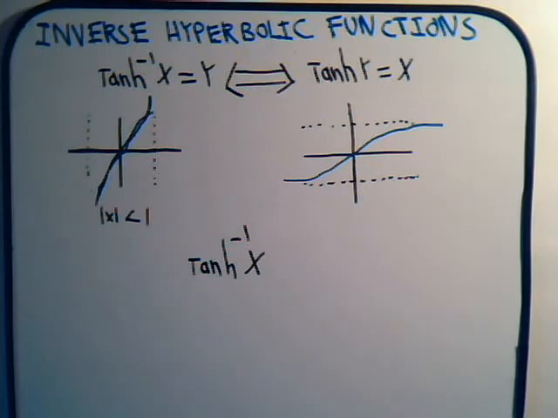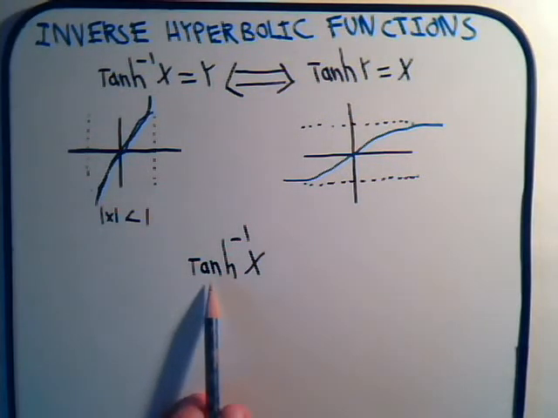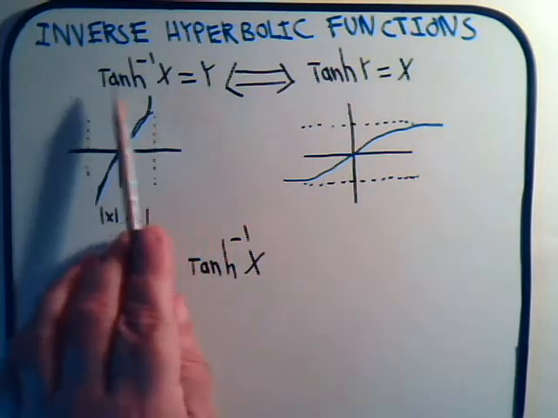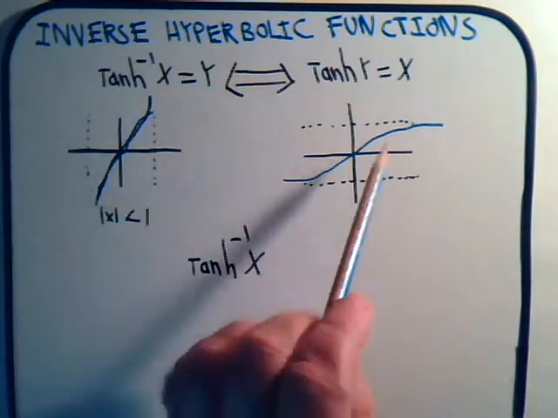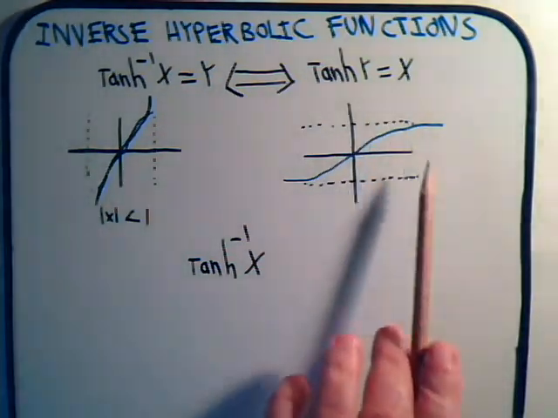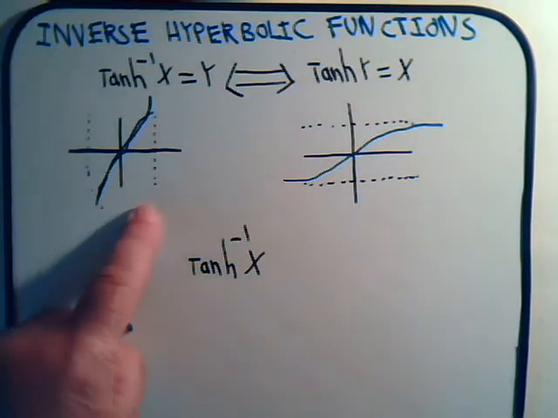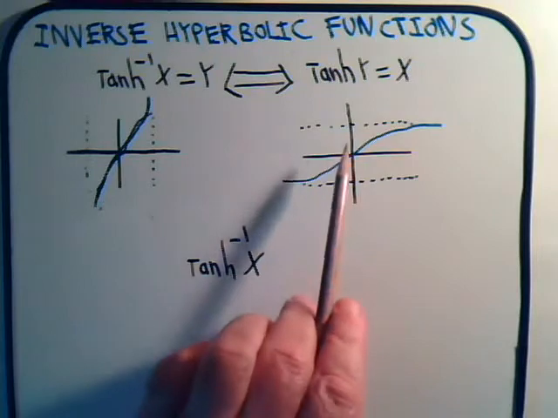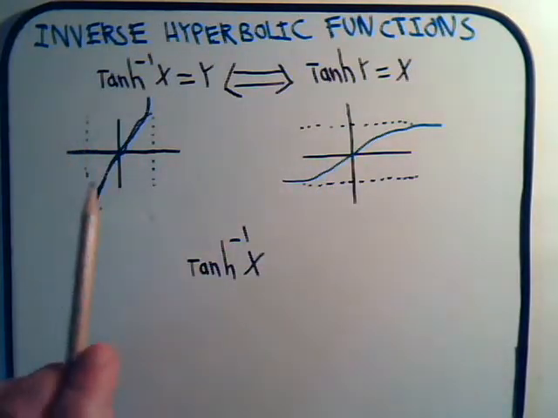Just to remind you that if I have this inverse hyperbolic tangent function of x and I set that equal to y, that's the same thing then as saying that the hyperbolic tangent of y equals x. And what you see on the right over here, this curve is the hyperbolic tangent function.